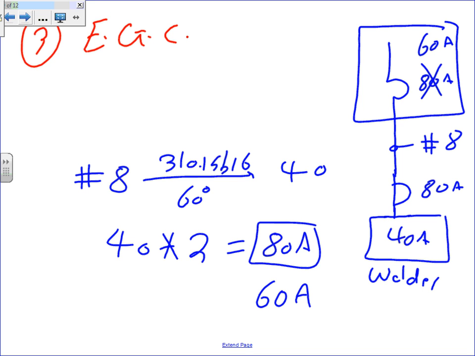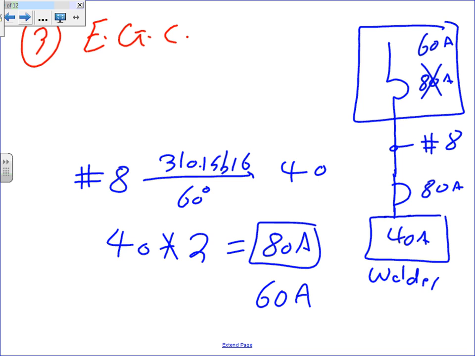That's one solution: 60 amps in the panel to protect the cable, and 80 amps to protect the equipment. Or you have to go for the next standard up conductor, which would be number 6, which most of the time is what you would do. Does that make sense? This is for the welder, no?